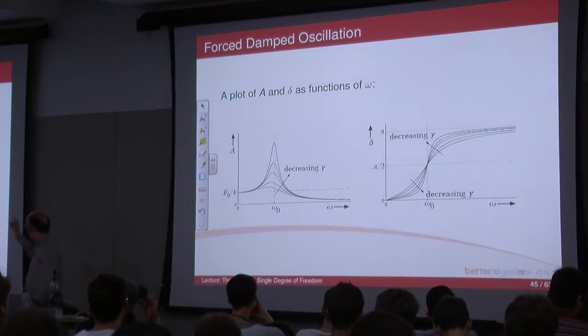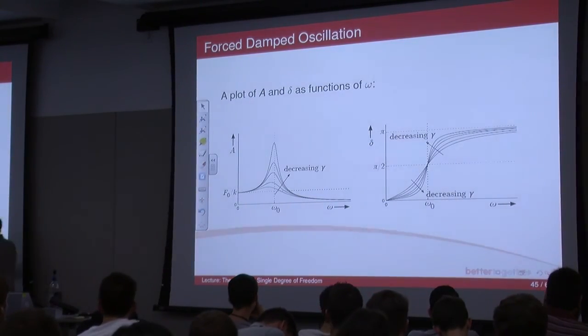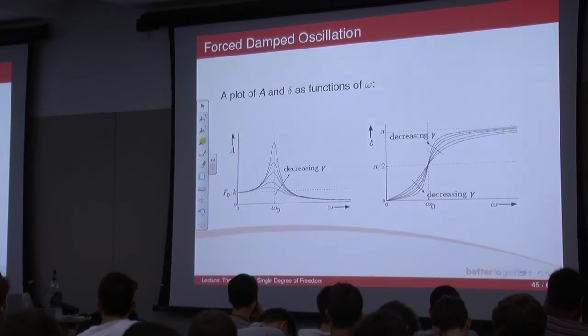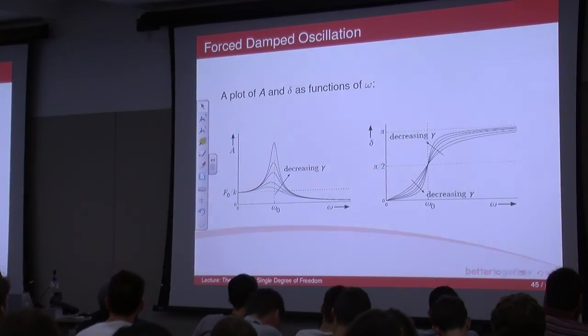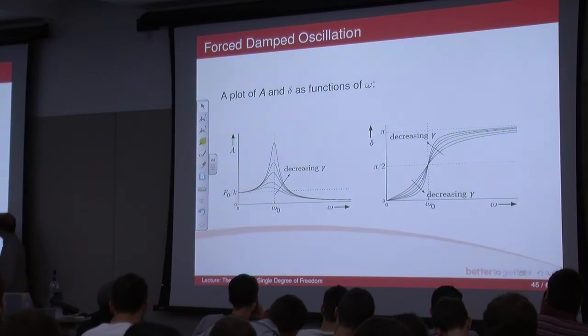And your delta, if we plotted the same thing with delta, at 0 frequency there's no phase. It's going to respond in the same way that you're applying the force. As you increase your frequency to this point, you're going to be a bit behind, and then as you go beyond it, it becomes more and more like a completely opposite response.